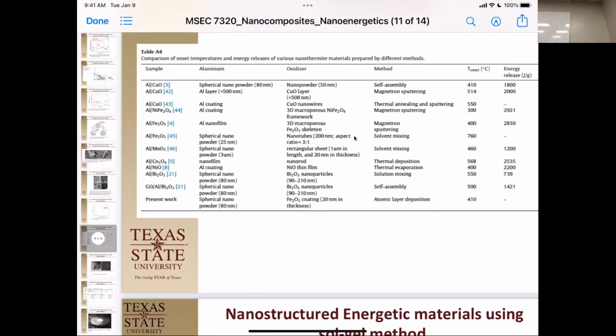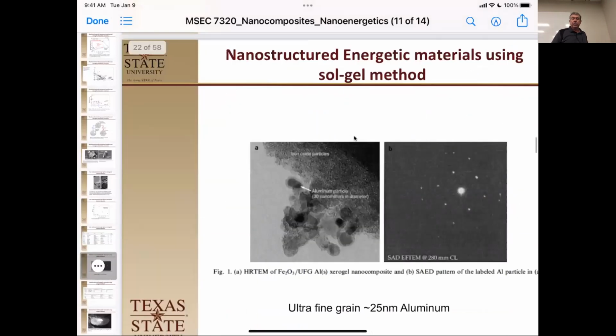Right here, we're alternating the graphene oxide, the ferric oxide, and the aluminum. Well, there's also a way to do it with sol gel. I'm actually going to show you about 5 different methods. This is sol gel right here, and UFG is the worst acronym I can imagine, but it stands for ultra fine grain, which is 20 nanometer aluminum, 25 nanometer aluminum.